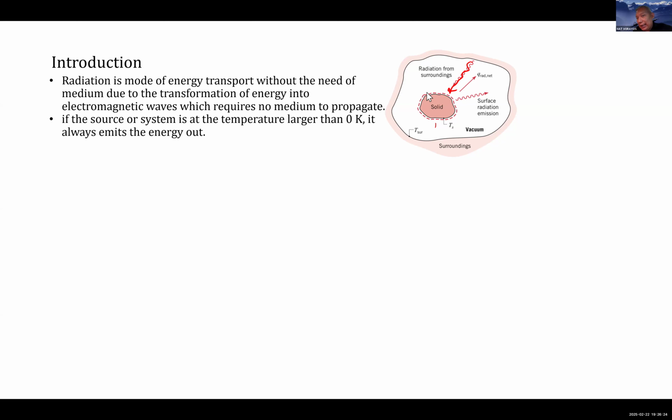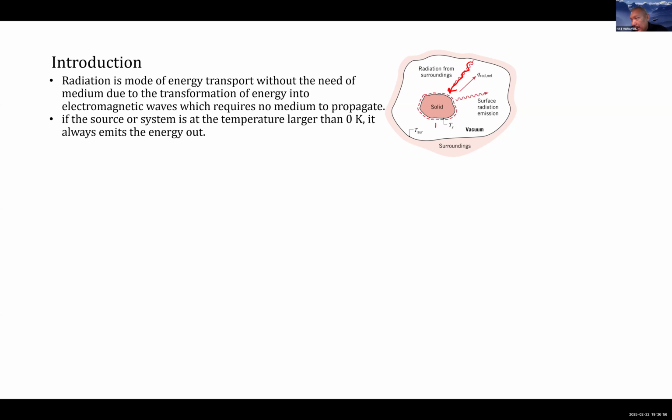Because this surface is hot, it will radiate or emit higher energy. The surrounding, on the other hand, is at a lower average temperature. In spite of the fact that it emits energy back, that energy is going to be lower than this energy. Coming back is lower than going.